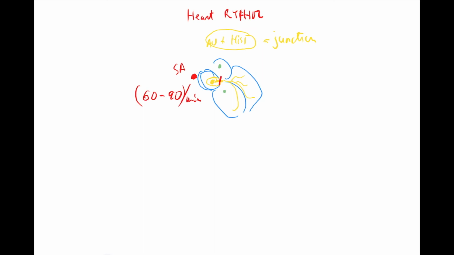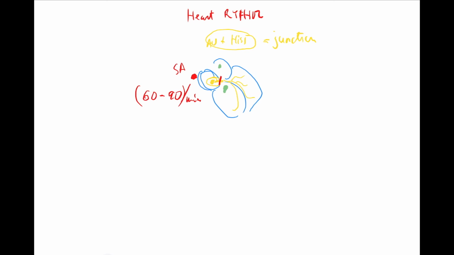We're going to talk about it. And that's why some cells from over here will take over, and they have a speed of 40. Okay, so if an old person comes to you and he has a bradycardia, very suspicious. Please never underestimate that.